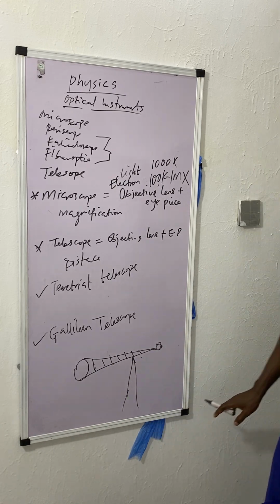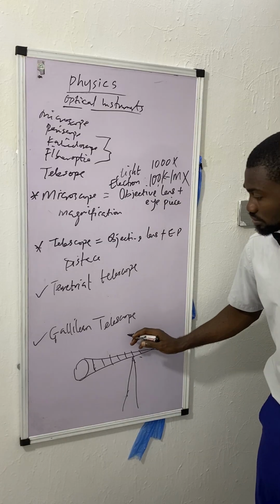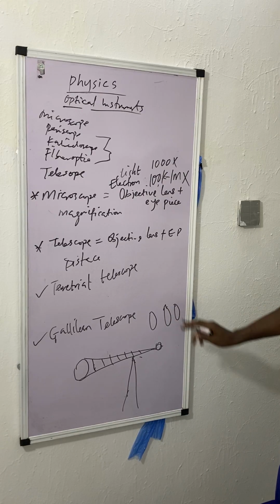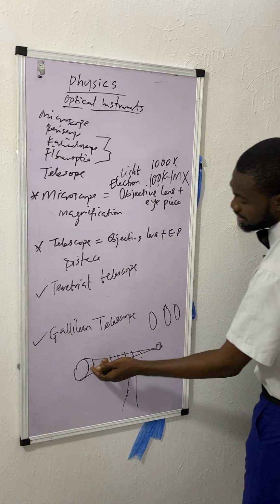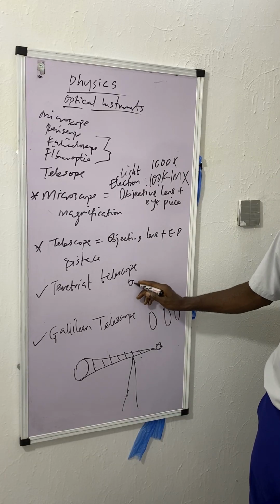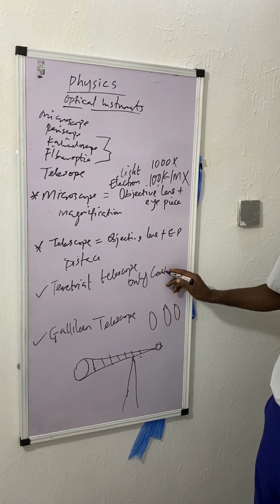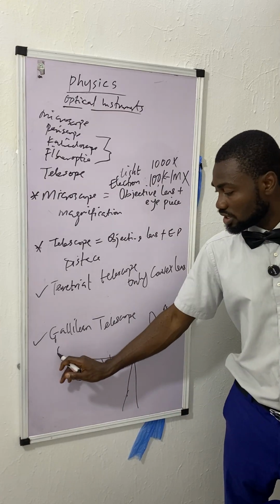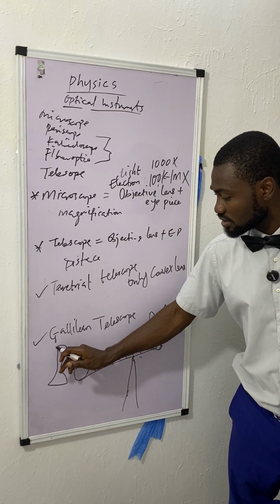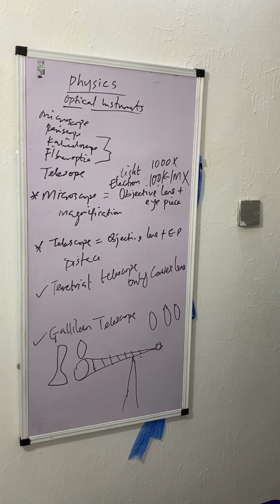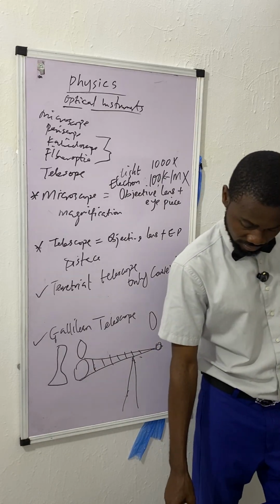It usually has an objective lens containing 3 convex lenses. Majorly convex lenses, only convex lenses. Therefore, in the Galilean telescope, you have a convex lens and a concave lens as the 2 objective lenses. Don't forget that.